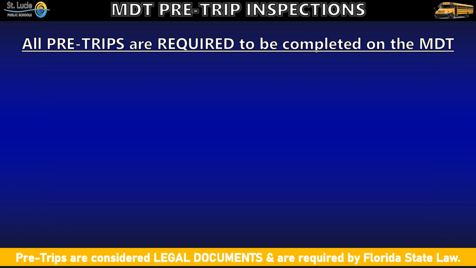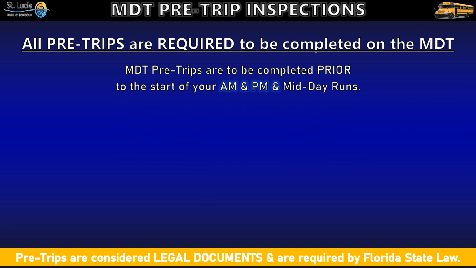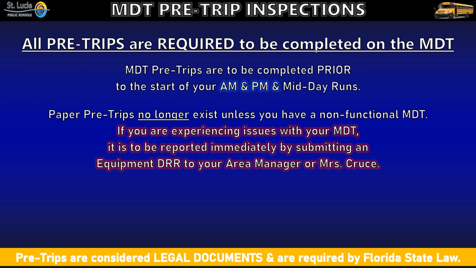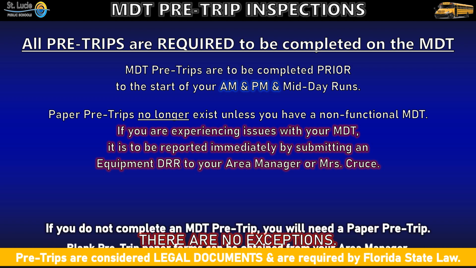All pre-trips are required to be completed on the MDT. MDT pre-trips are to be completed prior to the start of your AM and PM and midday runs. Paper pre-trips no longer exist unless you have a non-functional MDT. If you are experiencing issues with your MDT, it is to be reported immediately by submitting an equipment DRR to your area manager or Ms. Cruz.